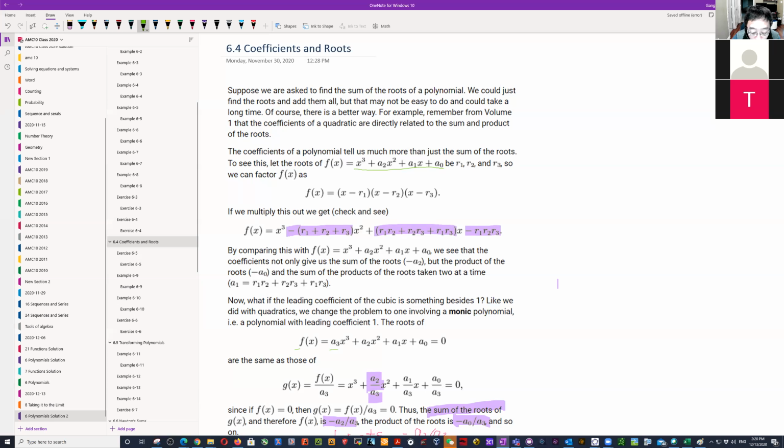If this is the format, we can always convert it into a monic one by dividing by the leading term. So we can use the monic format as the discussion topic.